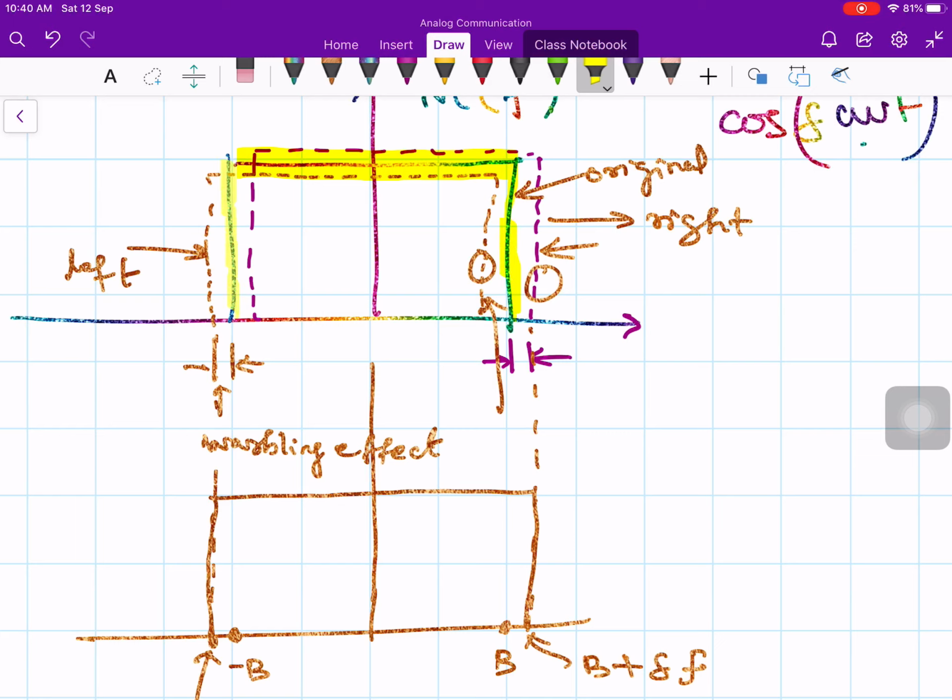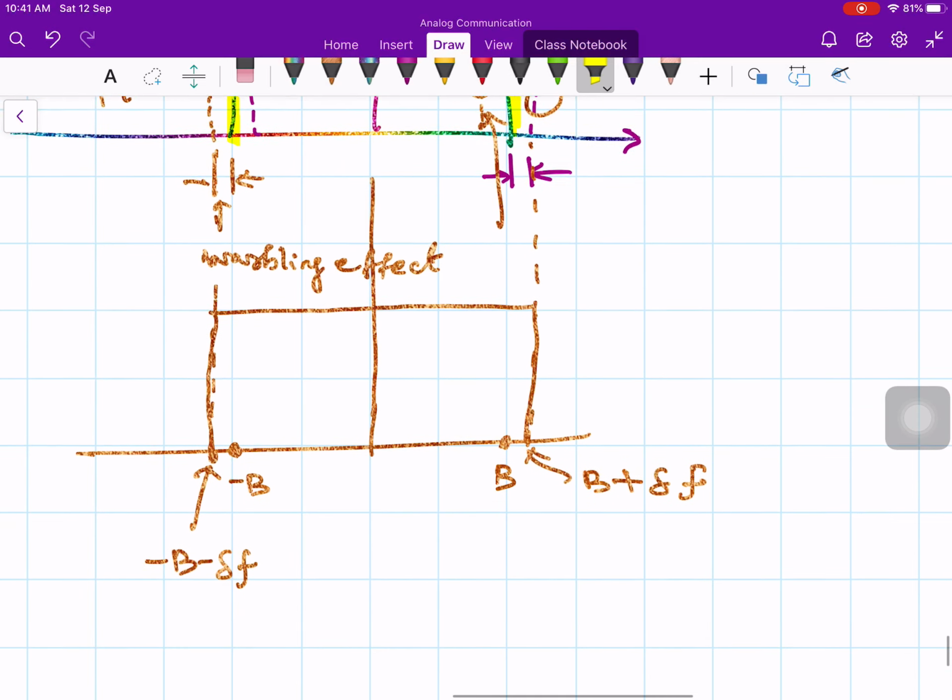This one is the original spectrum. Okay, so this is what is happening in the frequency domain. This is therefore called a warbling effect. Therefore that underlines the importance of what we call carrier recovery in this kind of modulation.